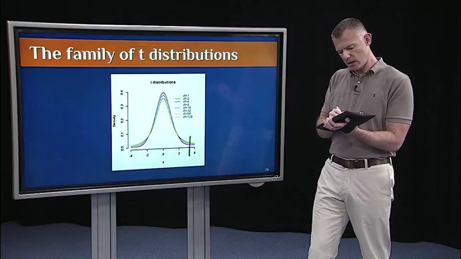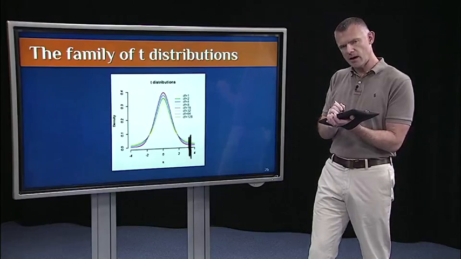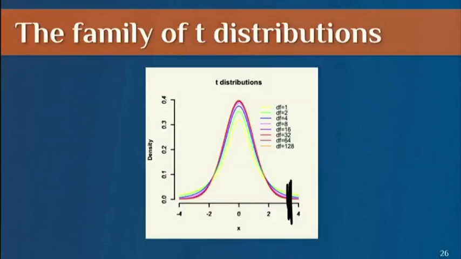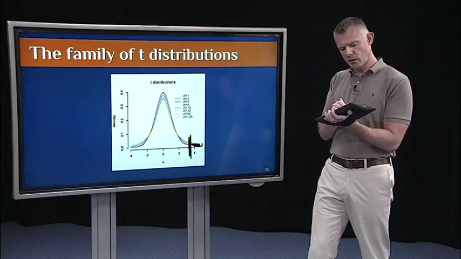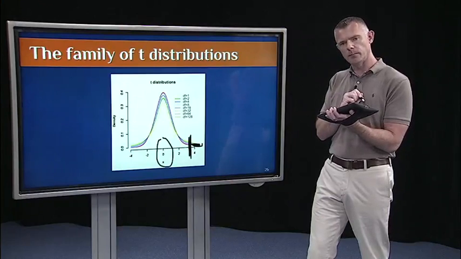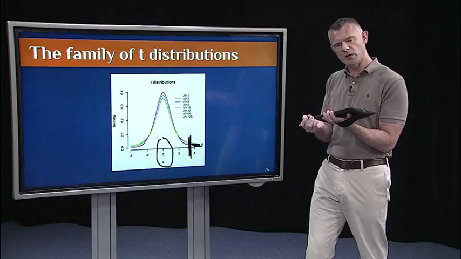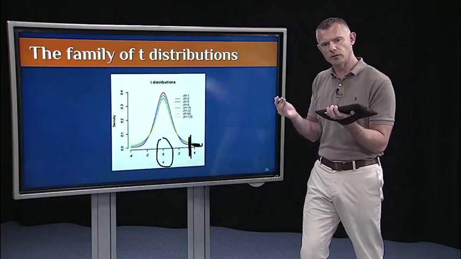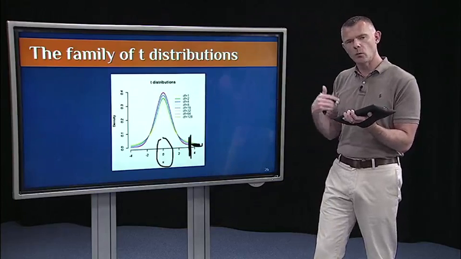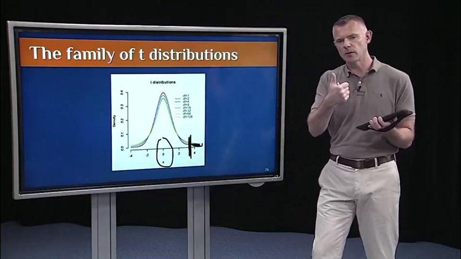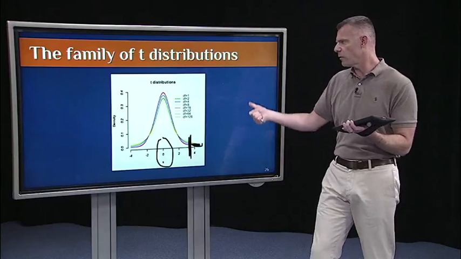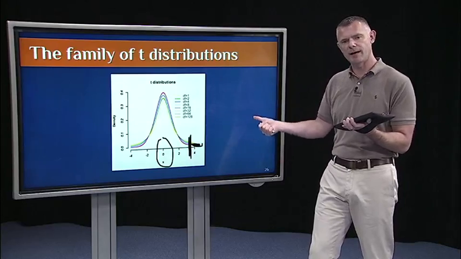And if it's way out in the extreme, then I'll obtain a low p-value, because the p-value is the probability of obtaining these data or more extreme, given the assumption that the null is true. Well, the null being true would give me a t of 0. So if I get an extreme score way out here, I'm going to get a low p-value, and I'll be able to reject the null hypothesis. So where does the p-value come from? It comes from the t-value and its corresponding t-distribution, which depends on sample size.